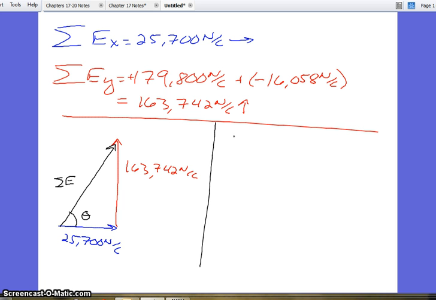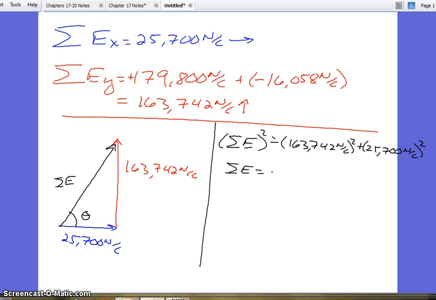To get the hypotenuse, we'll use the Pythagorean theorem. And we get the overall magnitude to be 165,746 newtons per coulomb.